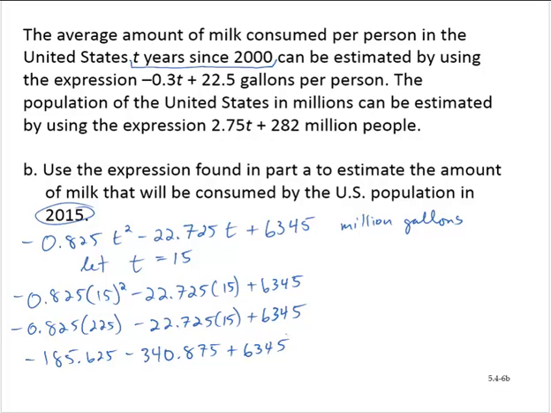And add, subtract from left to right. So negative 185.625 subtract 340.875, add 6,345, gives me 5,818.5. So, a conclusion.